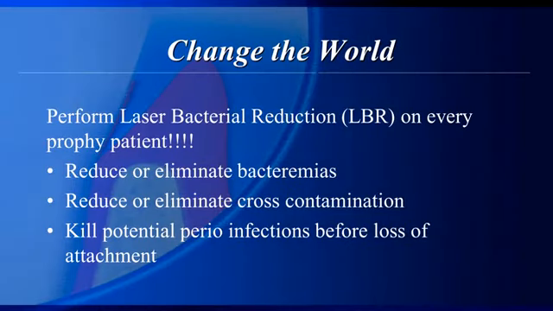We can only see its results, which is loss of attachment, inflammation, and bleeding. So therefore, if we had killed them 12 weeks ago, much less chance that now they've got active disease. So another reason we do this is to kill potential periodontal infections before they have an opportunity to cause loss of attachment.